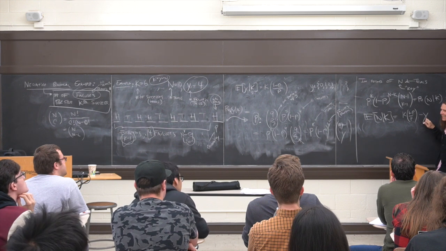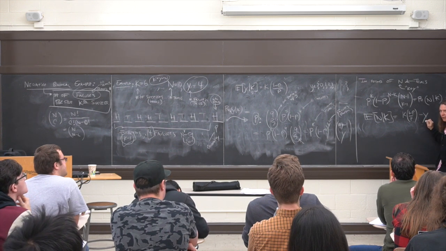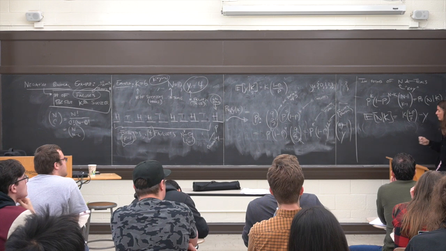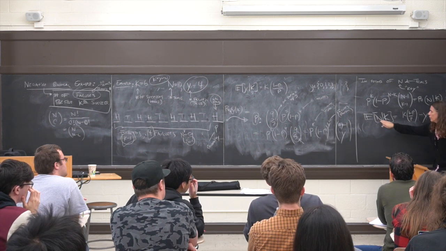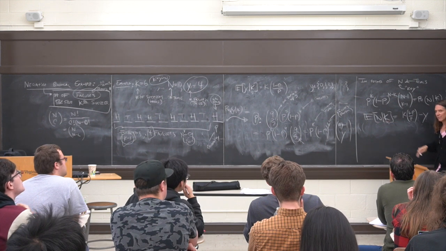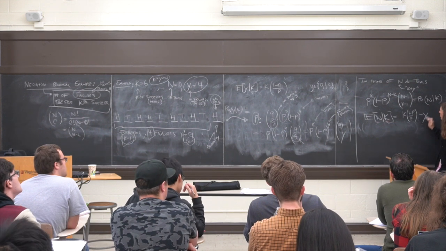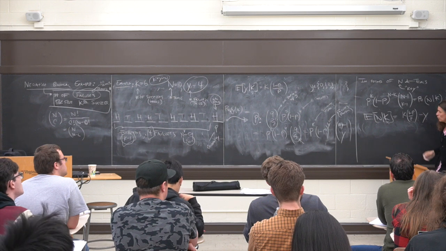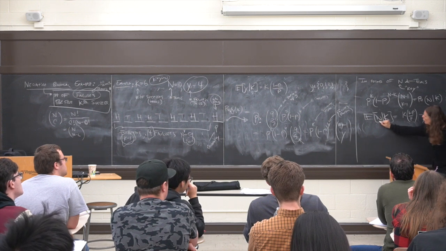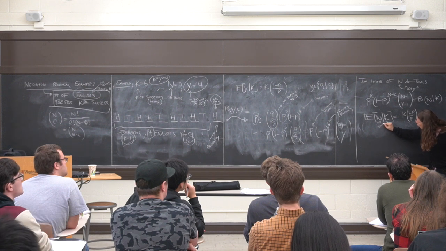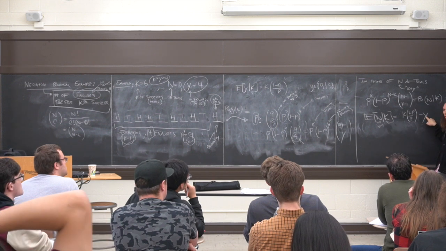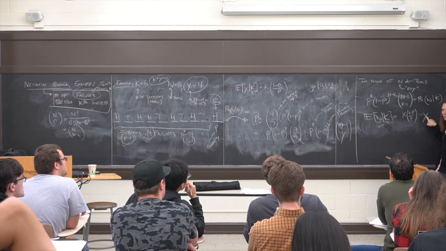You can't even have y in this equation because you've integrated y out. That's the definition of an expectation. An expectation for something is always going to have something to do with the fixed stuff. They're always functions of what you're conditioning on. Y is the random variable, which is akin to this. This is just going to be k plus y. So that's kind of like talking about n, which is the random component.